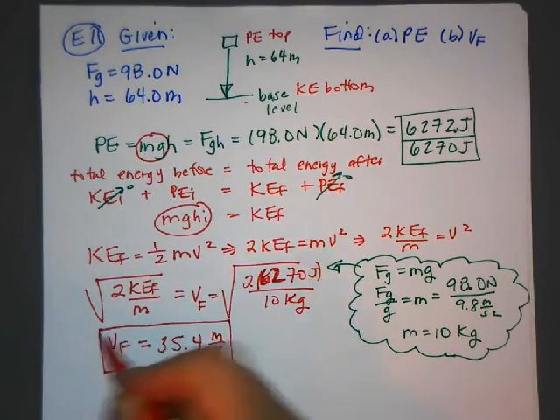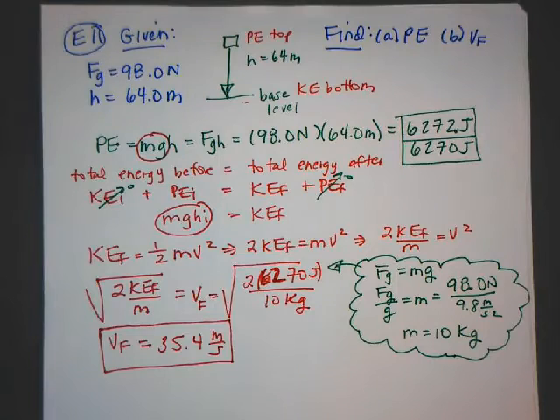Once we do a lot of these problems, we kind of get the whole swing of the total energy before is equal to the total energy after, which is the sum of the potential and the kinetic energy. And that's it.